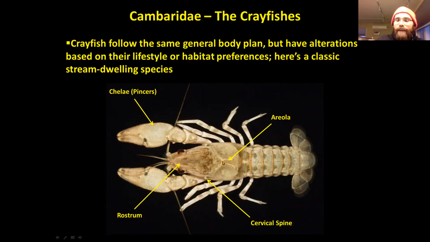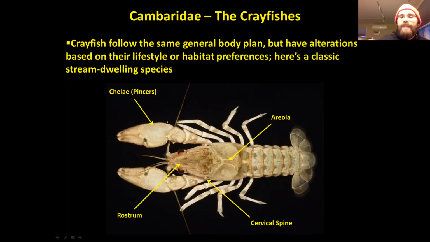Then they have an open areola. So typically when you have a more open areola in a crayfish, it means that the crayfish is living in an area that has more oxygen in the water. So it's a case of how the carapace adapts for surface area for the gills.